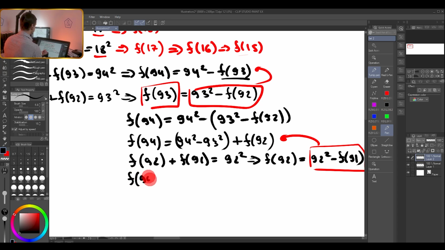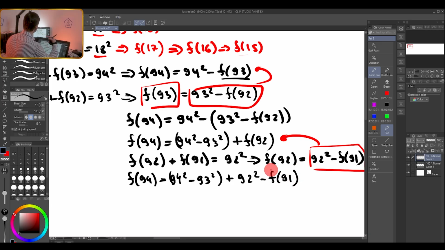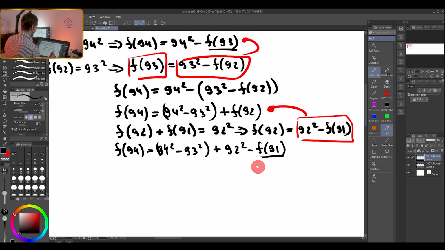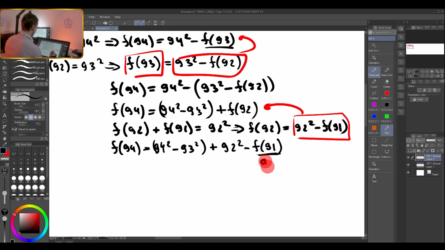We will get f of 94 equals 94 squared minus 93 squared plus 92 squared minus f of 91. And you obviously understand now where it will go, because when we express f of 91, what would it be? It would be 91 squared minus f of 90. So it will be like this.